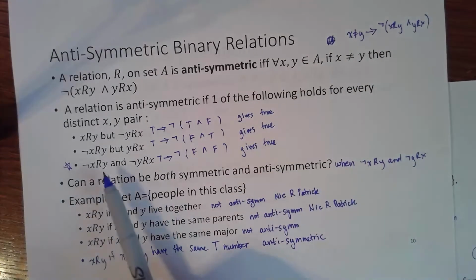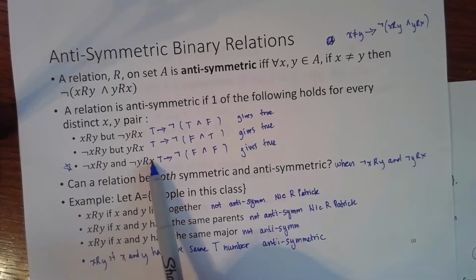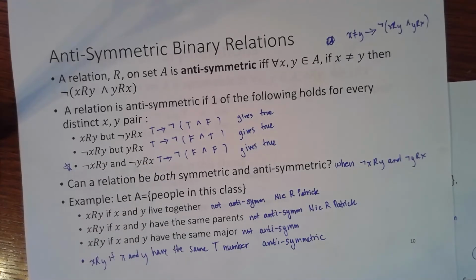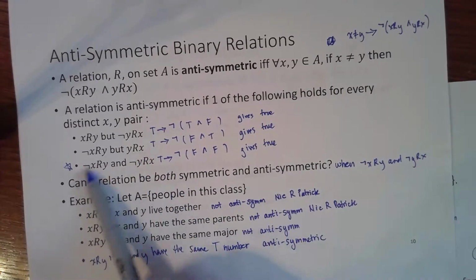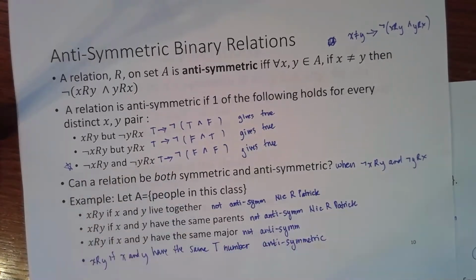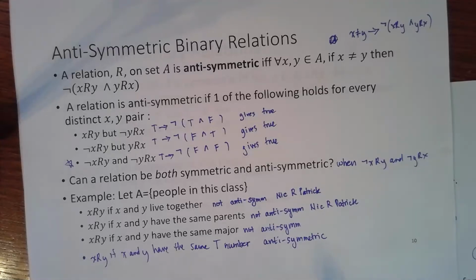Okay, so for any two distinct students, we would have this, X is not related to Y and Y is not related to X. We would kind of have this situation with the T numbers. They're always distinct, and so it would be anti-symmetric. All right.